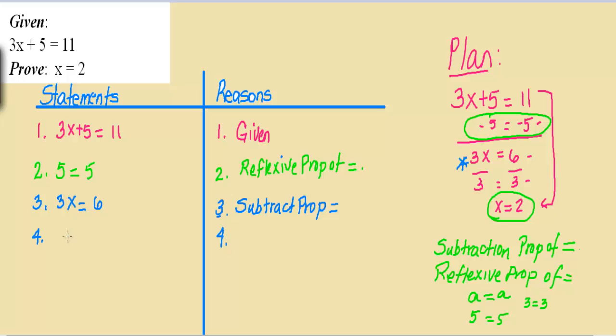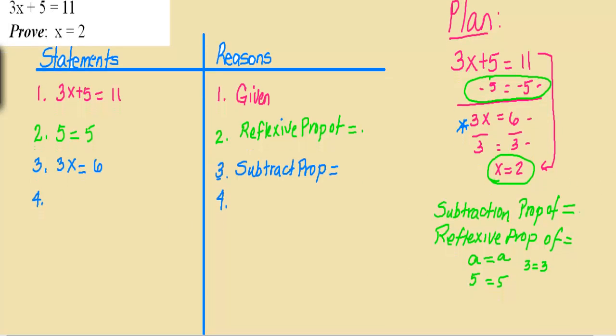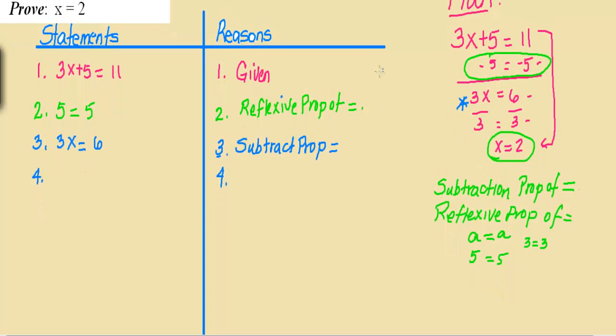Now be careful, because the division property of equality, I'm going to scroll down here just a little bit, says that if you divide the same number on both sides of an equation, you will end up with an equivalent equation. So again, notice it mentions that it has to be the same number. And for the division property of equality, that number cannot be 0.